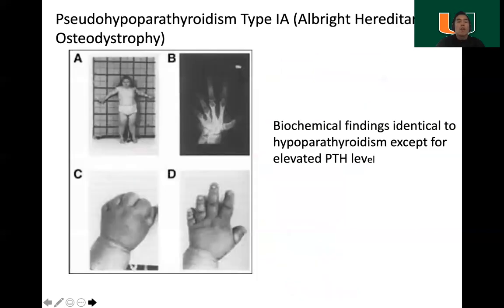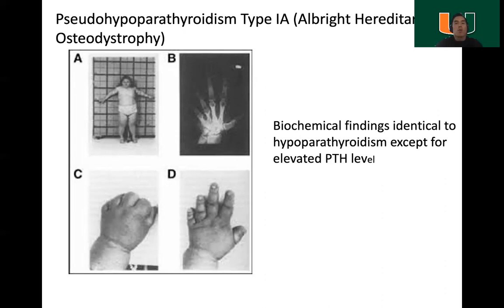And there are distinct characteristics of type 1A. There are 5 types of pseudohypoparathyroidism, but the one that comes up on the pediatric board is type 1A, which is called Albright hereditary osteodystrophy.